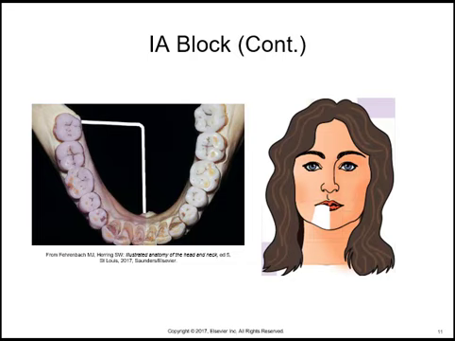So the area that is anesthetized for the IA nerve block is going to be all of the mandibular teeth to the midline.